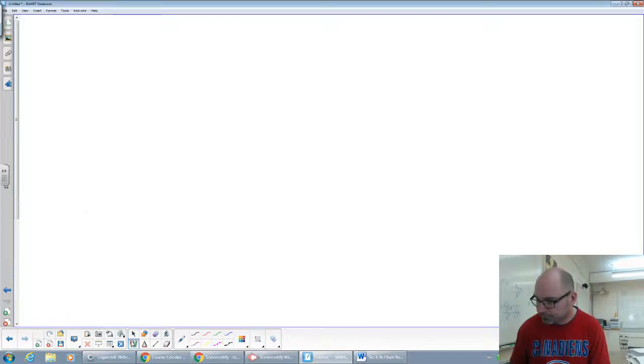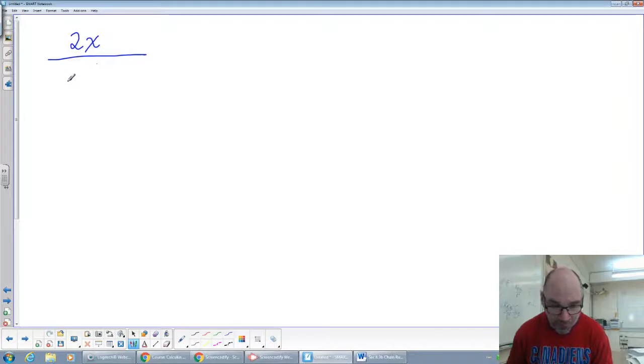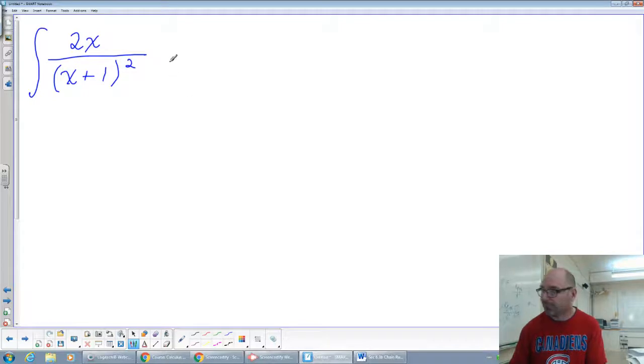2x, and it really isn't that difficult, really. And this one is x plus 1 to the power of 2 underneath, dx. Okay, so the real trick here is you have to change this to a negative exponent. So you rewrite it like this: 2x times x plus 1 to the power of negative 2 dx.